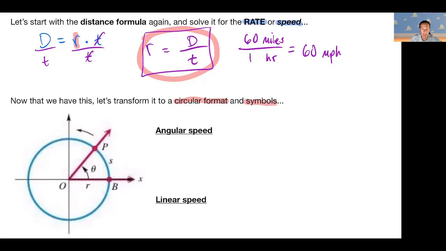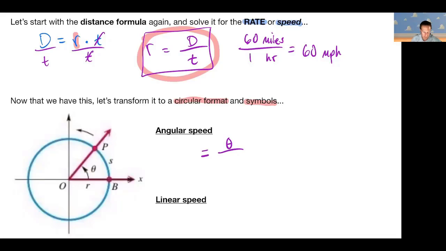To find the angular speed, we'll start with that. What would the distance be determined by? The distance we do with an angle is typically theta. So our distance is going to be dependent on the angle that we travel.